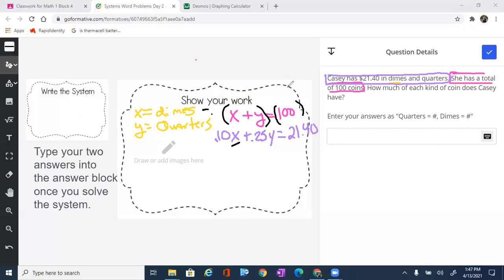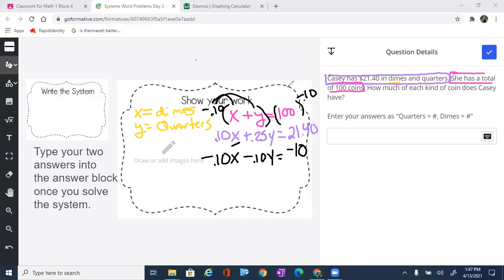In other words, I just multiply by negative 0.10, and I do the same thing on this side. So when I distribute that in, that gives me negative 0.10x minus 0.10y equals 10 cents times 100, or 10% of 100, which is $10, so negative $10.